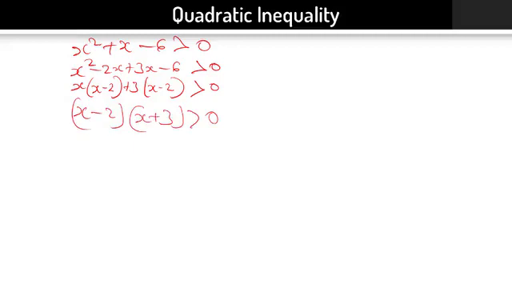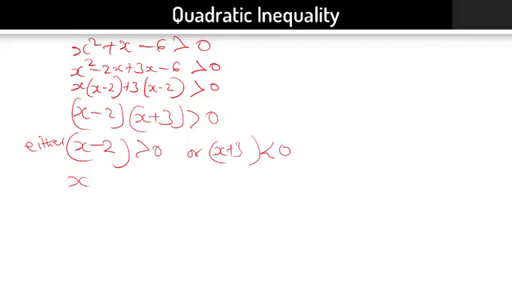So you know how we usually do it. So we now have either x minus 2 being greater than 0 or x plus 3 being less than 0. So with this, you know that our x is greater than 2 or x is less than minus 3.